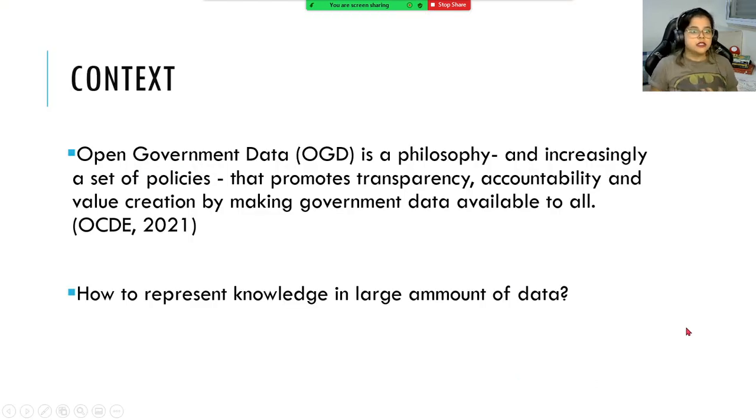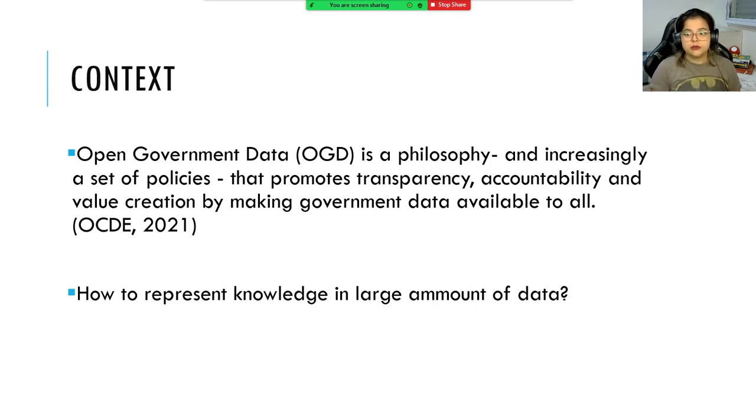To give some context, open government data is a kind of philosophy and increasingly a set of policies as governments start to apply those principles in their open governments. That promotes transparency, accountability, and value creation by making government data available to all.